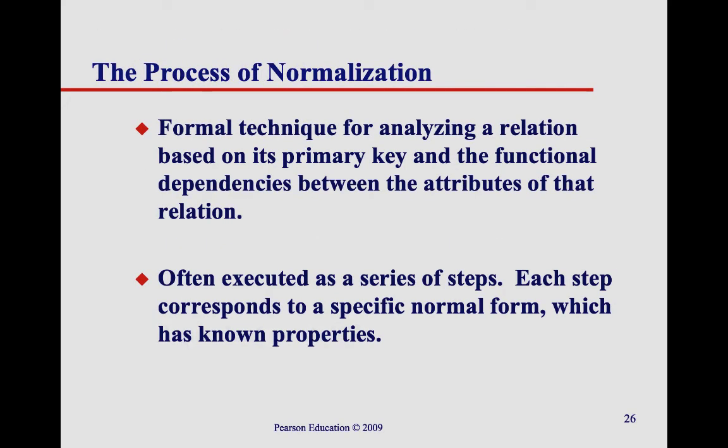Okay, so we've done all the groundwork, given you the basic concepts. Now, remember at the outset I said normalization is an algorithm for decomposing relations into subgroupings based on logically related attributes. The logically related attributes are the ones related by functional dependencies.